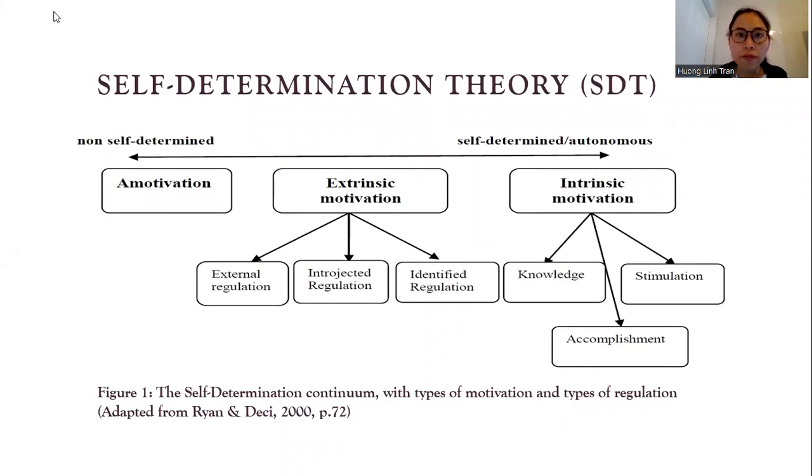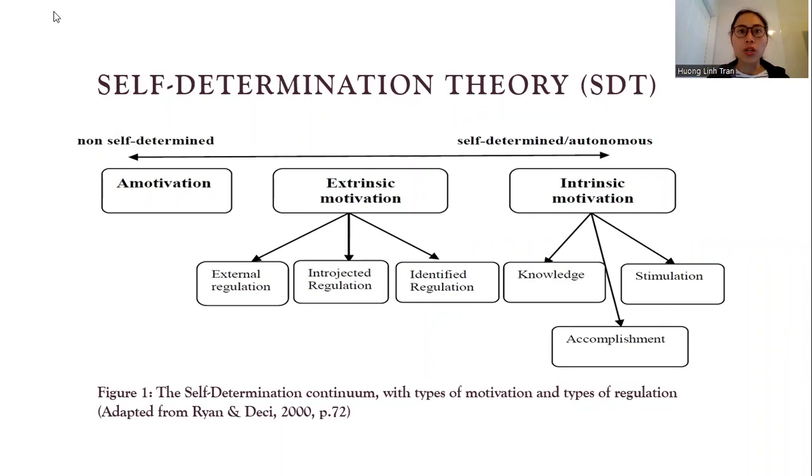Extrinsic motivation refers to the type of motivation when people engage in an action for external factors, for example, reward, money, and avoiding punishment or avoiding feeling shame of not engaging in action, rather than from the internal pleasure or enjoyment from inside.